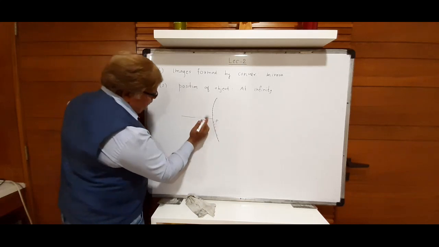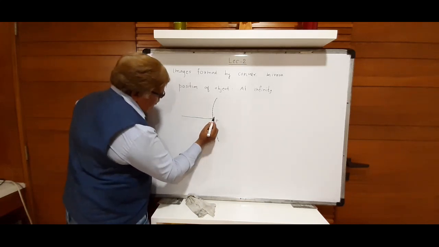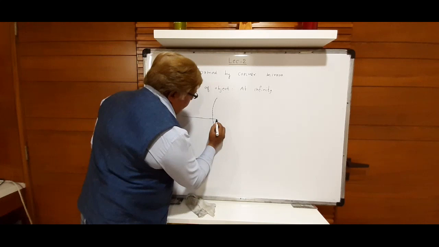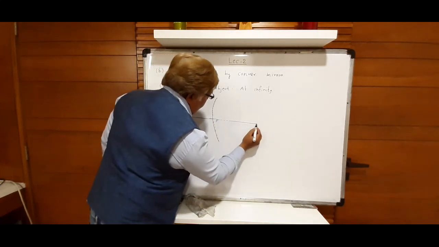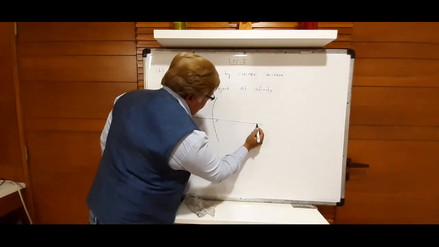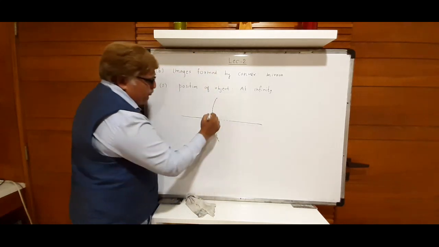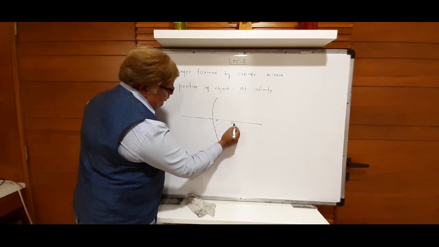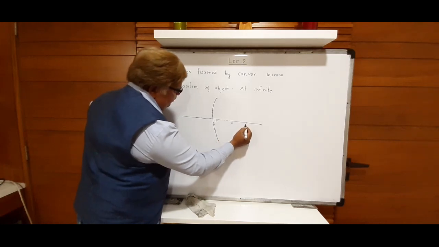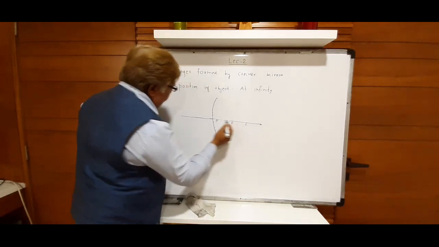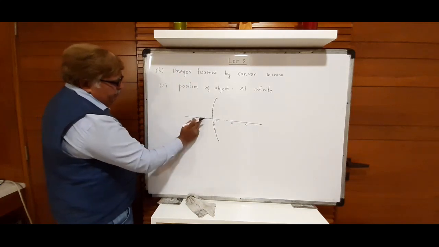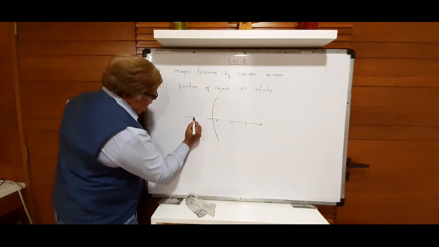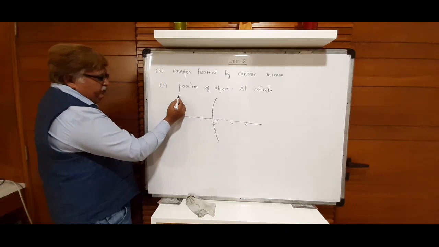Extend it. As you know, in case of convex mirror, focus and center of curvature lie behind the mirror, that you might be knowing quite clearly. Okay, now the object is kept at infinite distance.